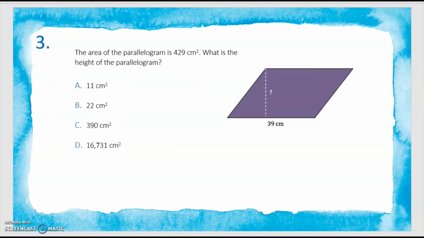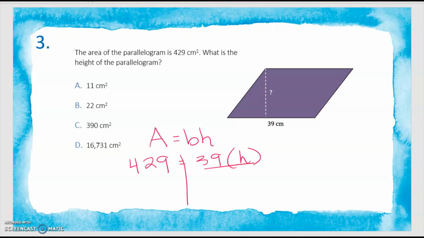Okay, number 3 is the area of a parallelogram is 429 centimeters squared. What is the height? So our formula, base times height. The area, we're working backwards this time, so it's 39 times the height gives us 429.